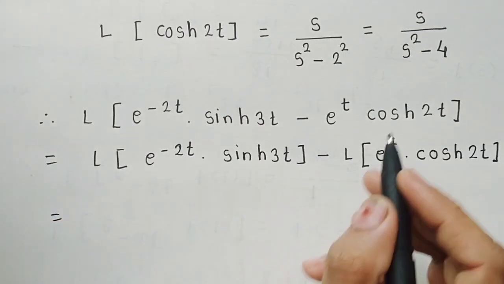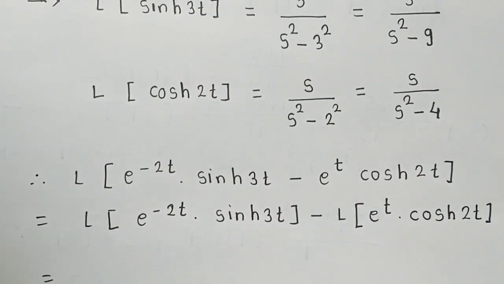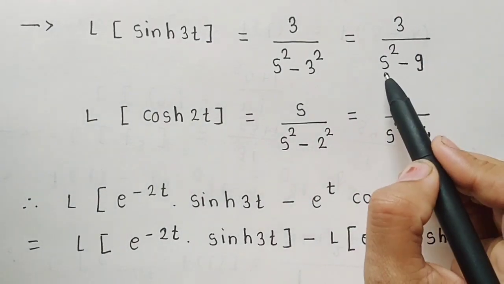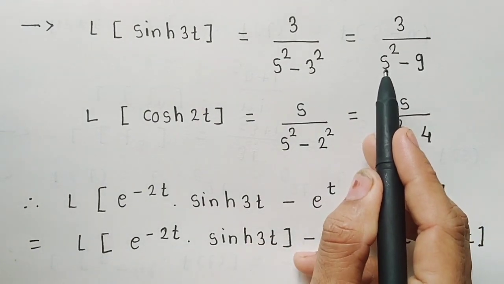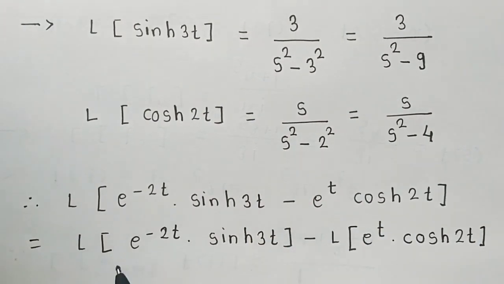Which equals, now here, 3 upon s square minus 9, we replace the value of the s parameter by s plus 2.